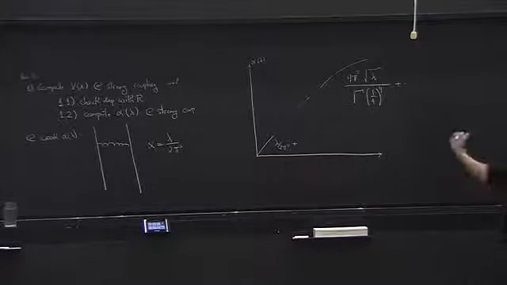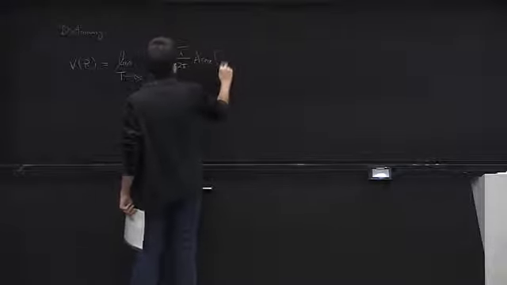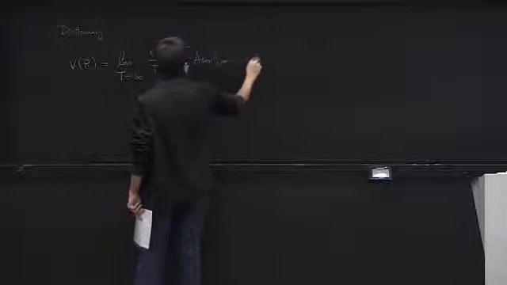So how does it work? What's the prescription for computing this? The prescription is the following. What you should do, the dictionary tells you that the potential V of r is given by the limit when t goes to infinity of 1 over t times square root lambda over 2 pi times the area of some minimal surface sigma.